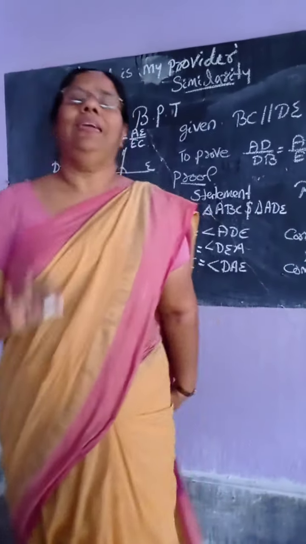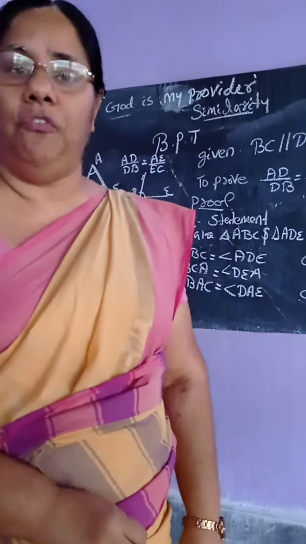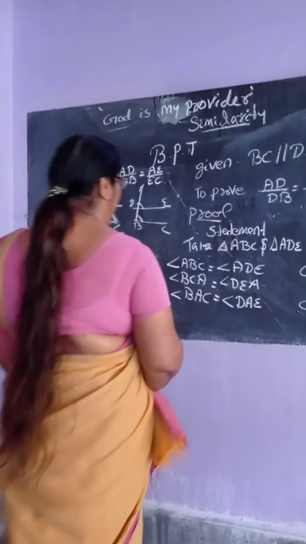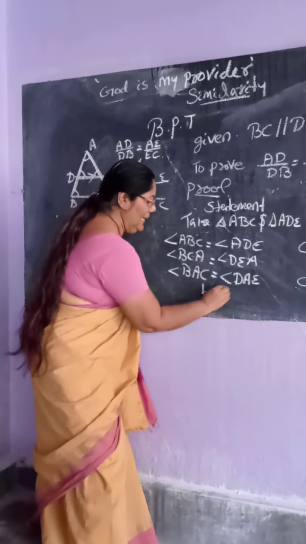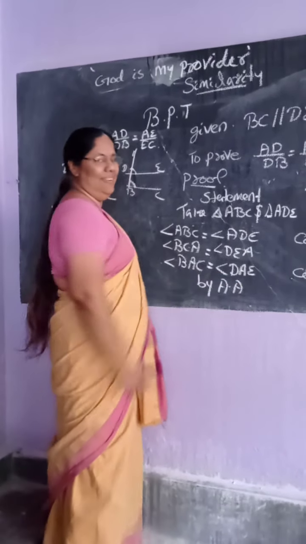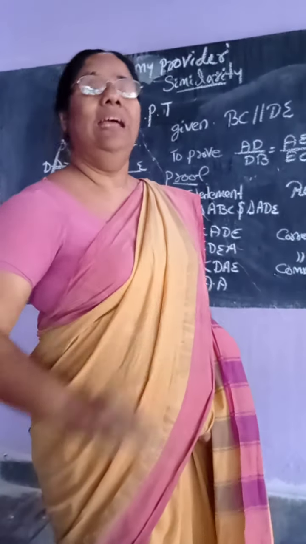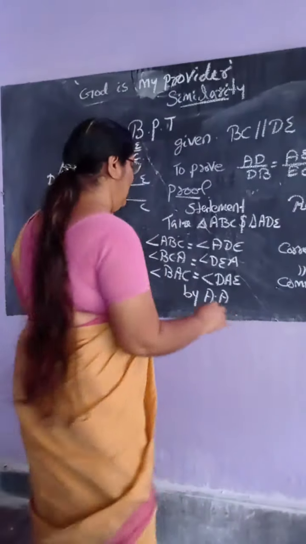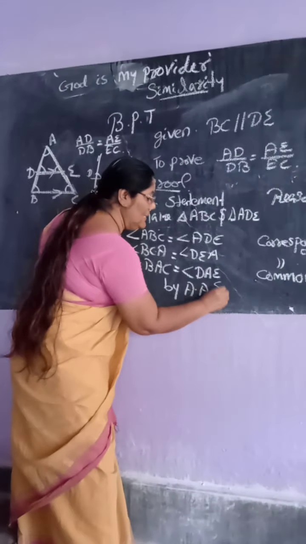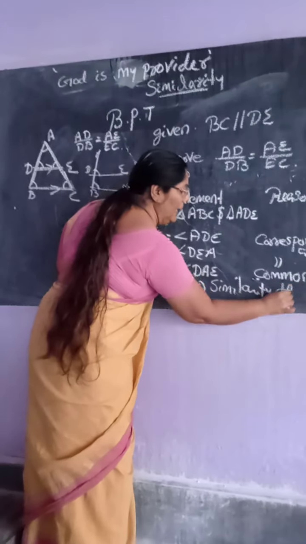Isn't it? Here three pairs of angles are equal. Therefore, we can say that by AA similarity theorem. If two angles are equal, then automatically the third one is equal.